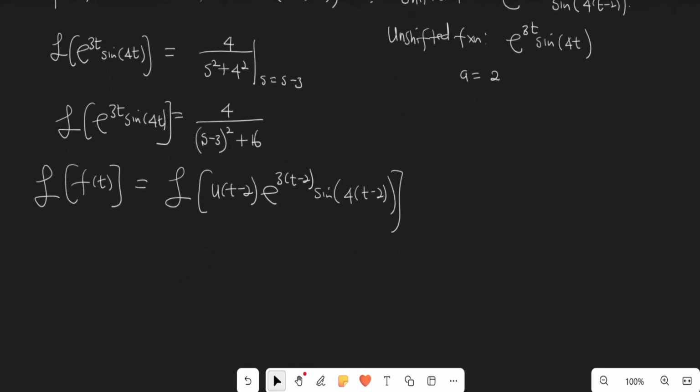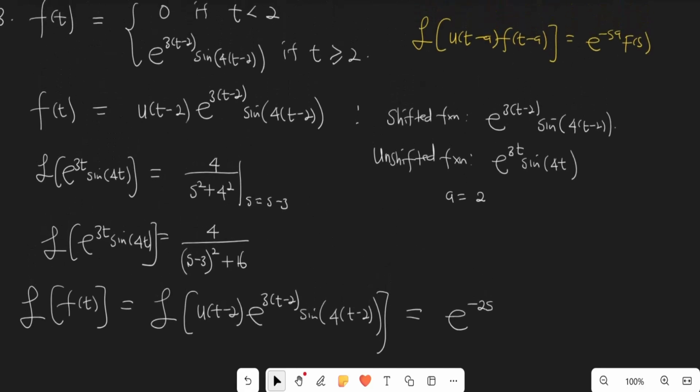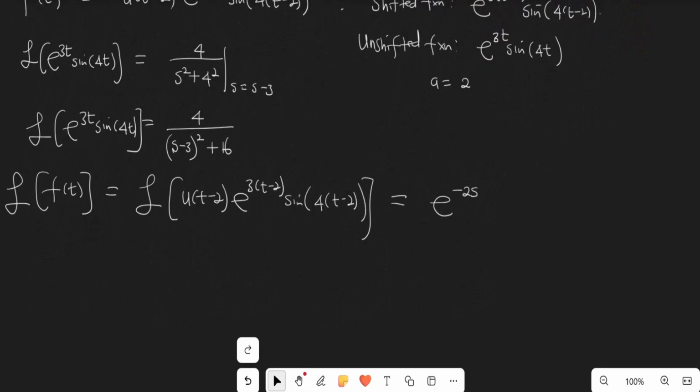So this is going to be e to the negative sa, and a in this case is 2, so e to the negative 2s, multiplied by the Laplace transform of the unshifted function, which is what we have here: 4 divided by s minus 3 all squared plus 16.